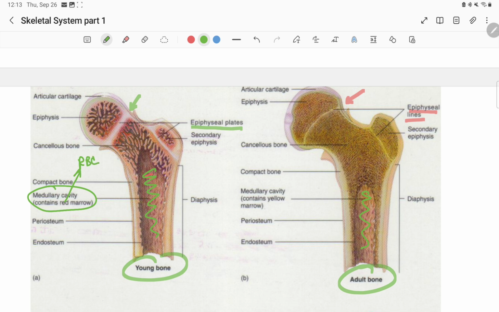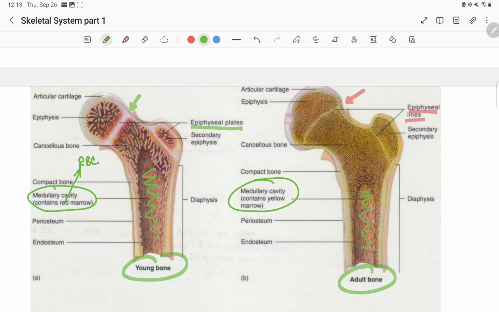And in the adult bone, it turns into yellow marrow. Okay, so that's actually the fat. Now, the adult bone still has red marrow, and that's going to be more confined to the end of the bone. But you're also going to find some yellow marrow in the adult bone.